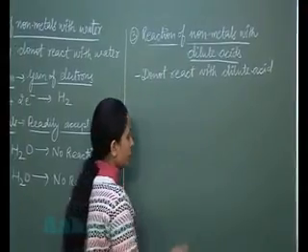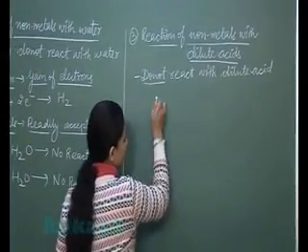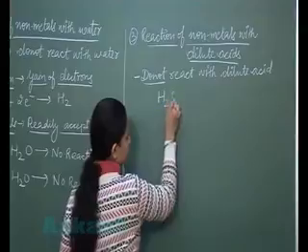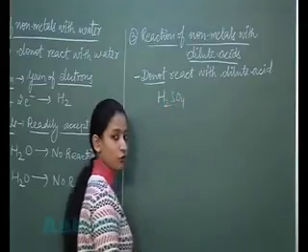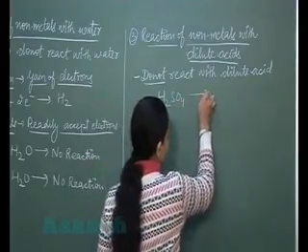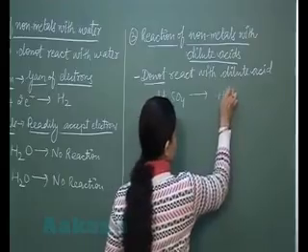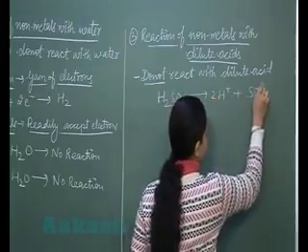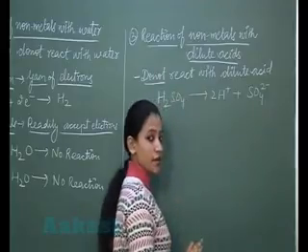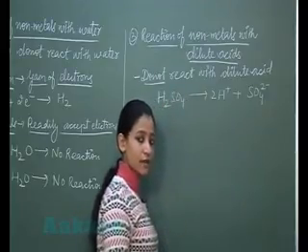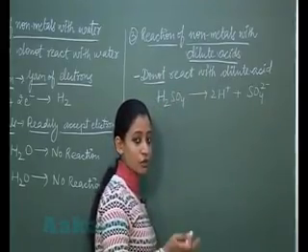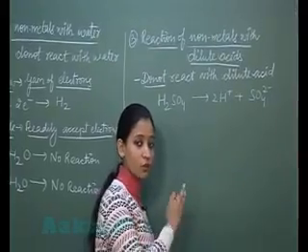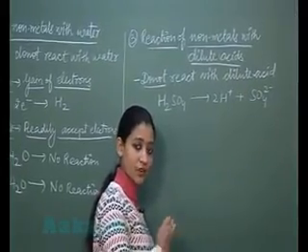Let us understand. The reason is that suppose we have an acid, say sulfuric acid in the dilute form. The sulfuric acid gives us two H positive ions and the sulfate ion. In order to release the hydrogen gas from the acid, this H positive ion should be reduced, and we are reacting it with non-metals which are themselves electron acceptors.